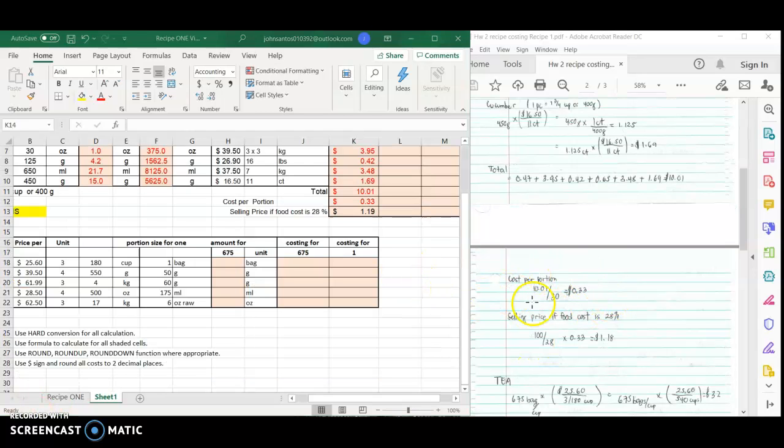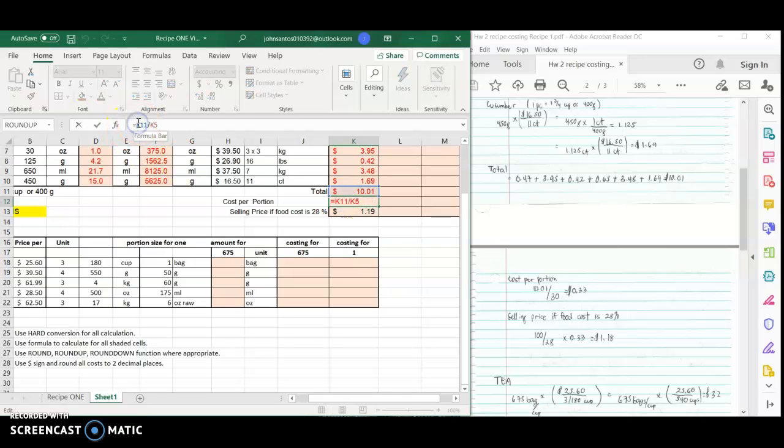Just to show you, this is how I come up with the answers on the total, the cost per portion. But as you can see, there's a difference by 0.01 decimal point. We got $1.18. We got $1.19. So what we usually gotta do here is use the round function.